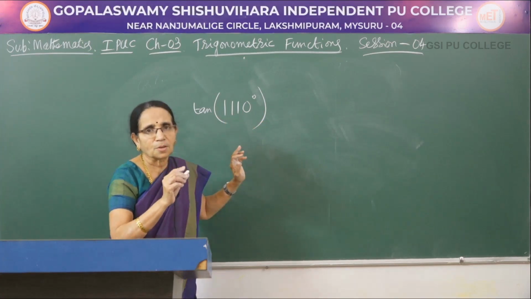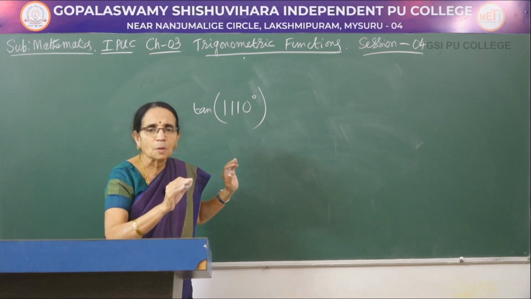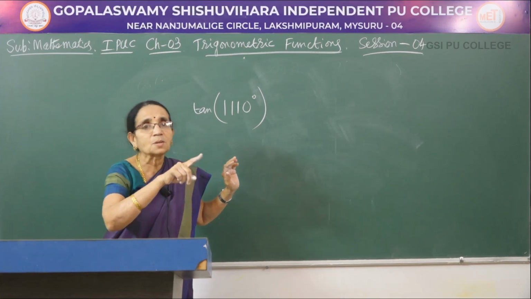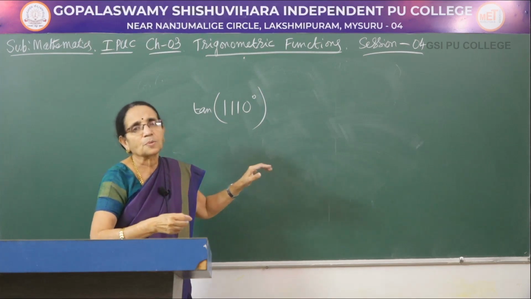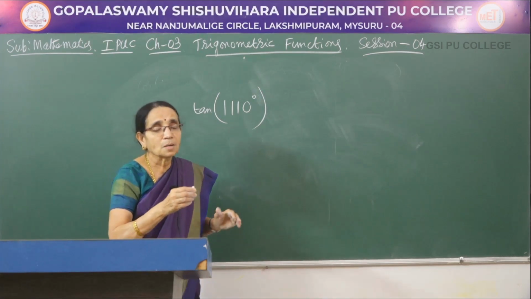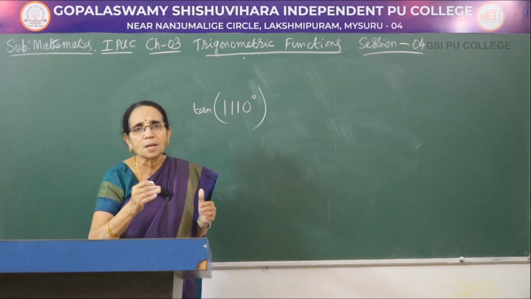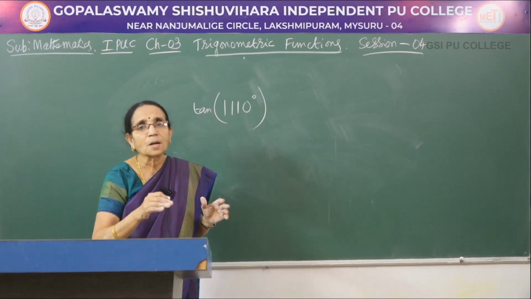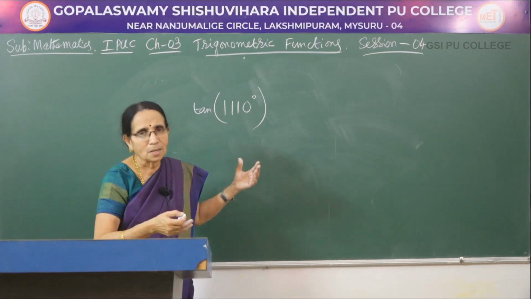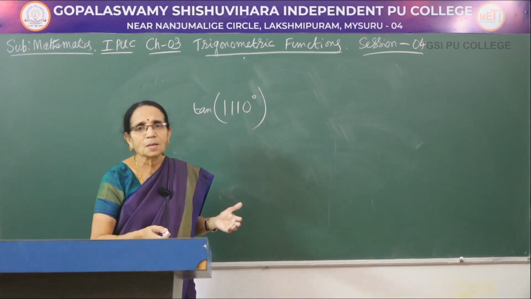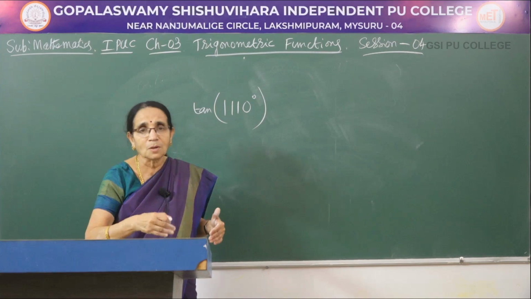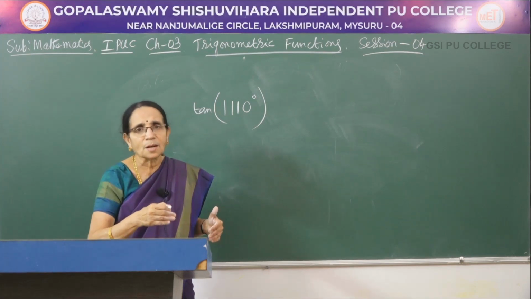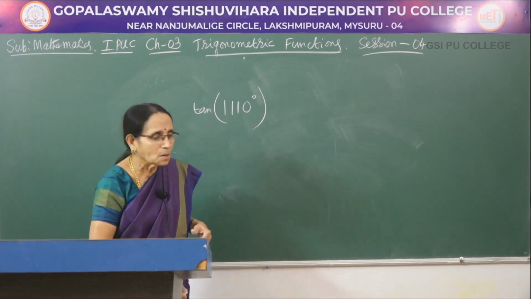1110 minus 360, you will get some number. From that you subtract 360 again. One round means 360. Another round means another 360. Again subtract 360. So subtracting a quantity again and again is as good as dividing the number by the given number. An easier method than subtraction.